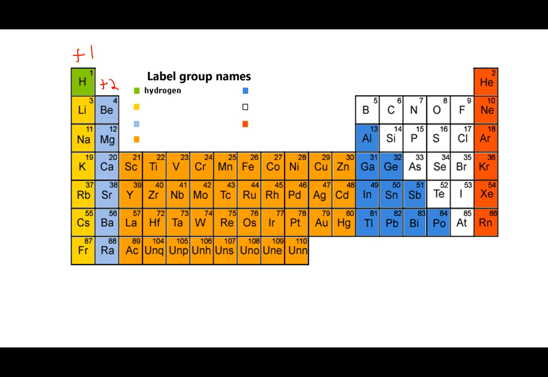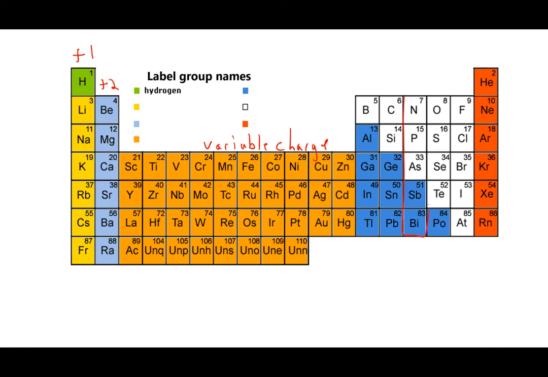These groups right in the middle, all of these form variable charge. We can't predict right off the bat from the periodic table which charge they will form. We can eventually develop rules to predict them, but we cannot currently do that with the information that we have.